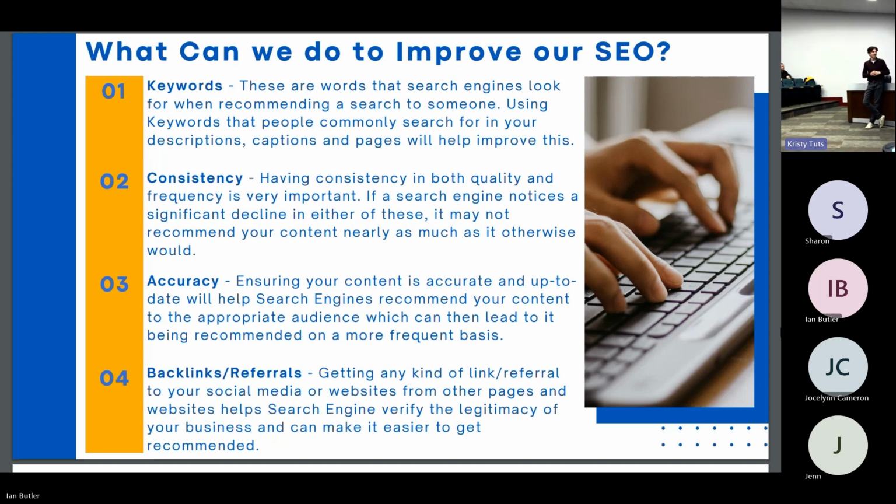There are a lot of small things to think about when it comes to keywords. For example, there are keywords that are very popular that everyone might use, which sounds good in theory, but then you have to realize there's a lot of competition for those keywords. So let's say I want to make a post about artificial intelligence and I'm talking about ChatGPT and I put that in my post.